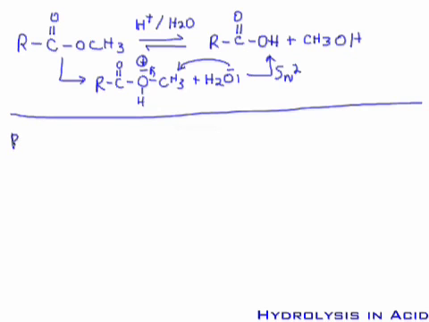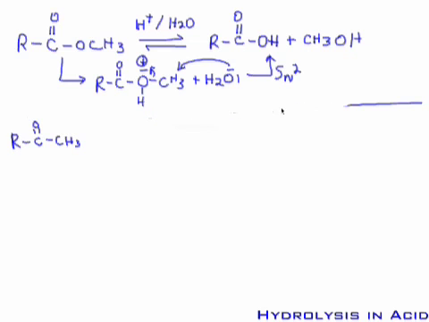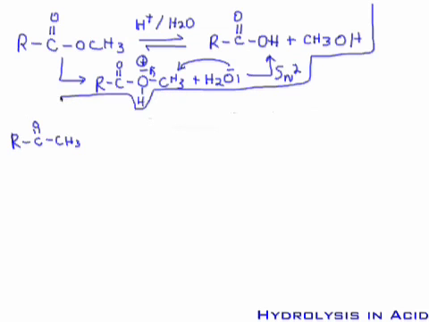So if I take our C double bond O, CH3. In fact, I'm going to remove this line. It'll give me a little more room. And we react this with acid, plus H plus.